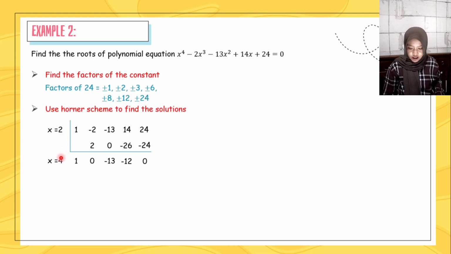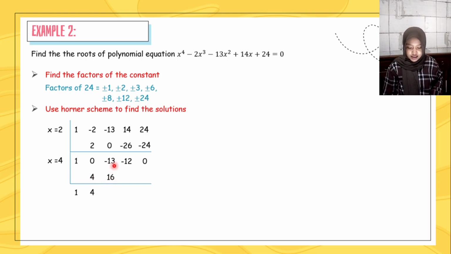Then we can try another factor. x equal 4. 1, still write 1. 1 times 4 is equal to 4. Sum of 0 and 4 is 4. 4 times 4 is 16.